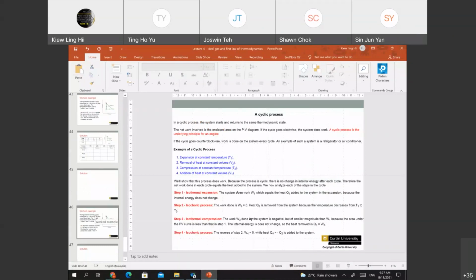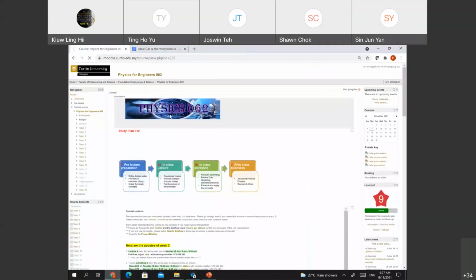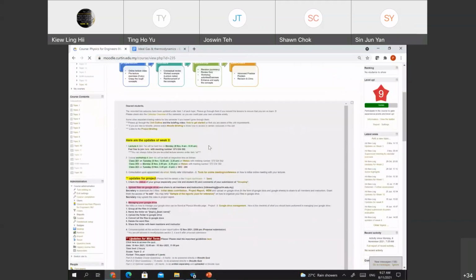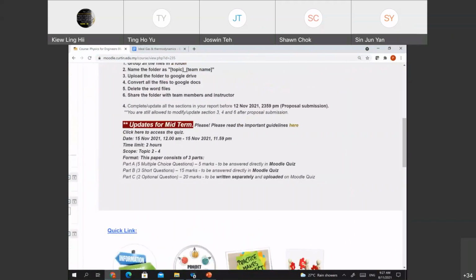So when I say this, you will be expecting to encounter one calculation of this in your part C of your midterm. Oh yeah, I would like to make some changes in your midterm description. Since we have only 3 topics in our midterm, look here on the Moodle page, the pattern of the questions.